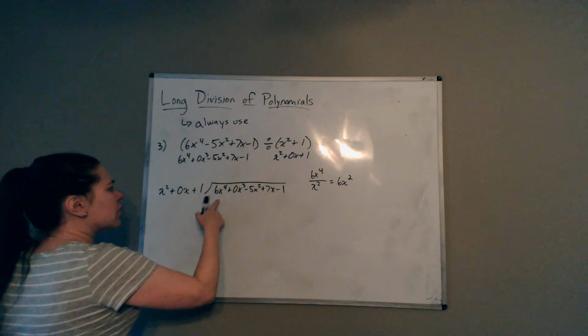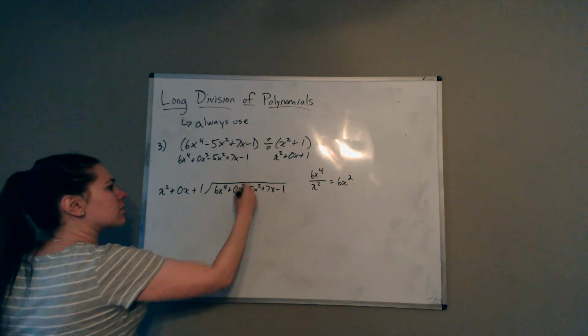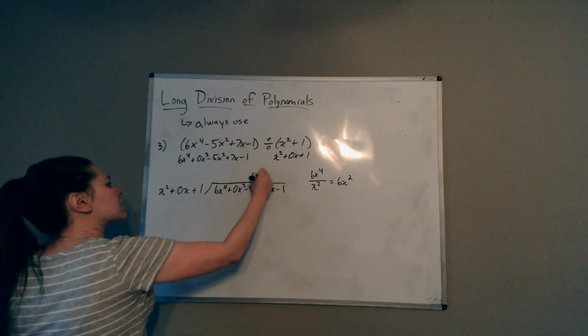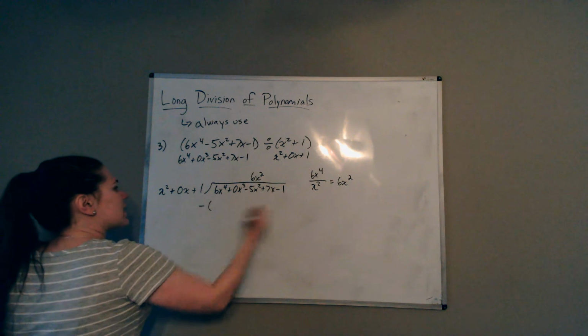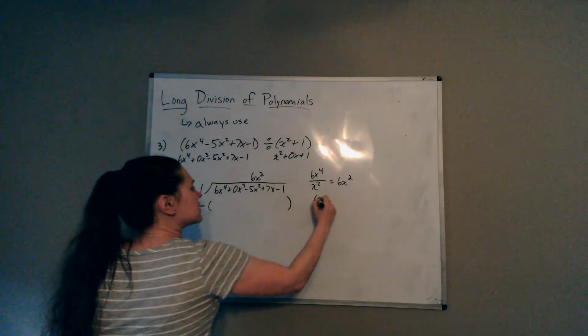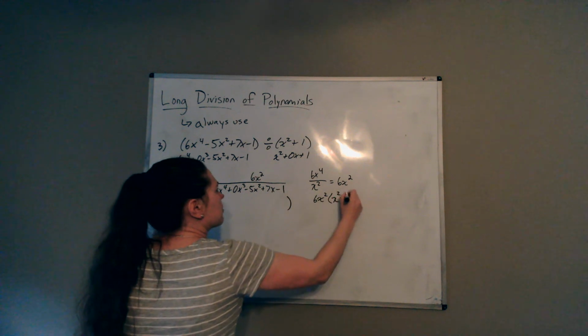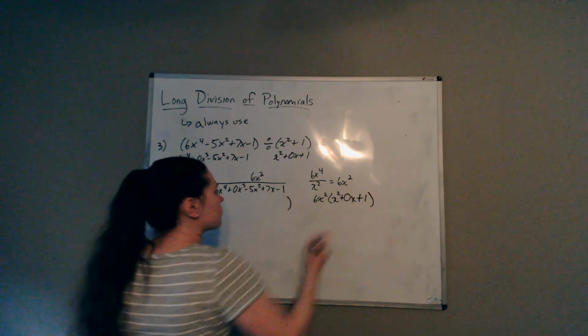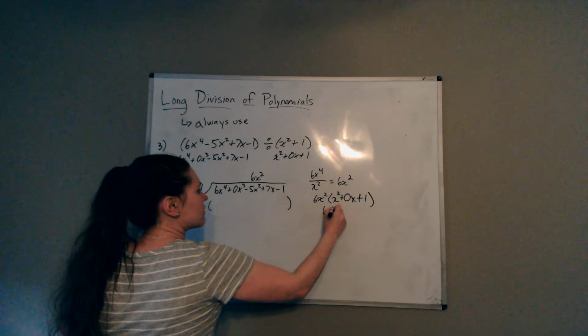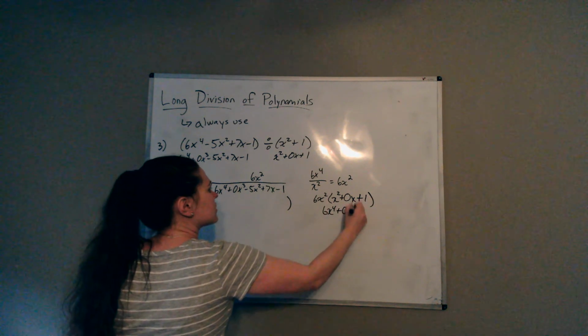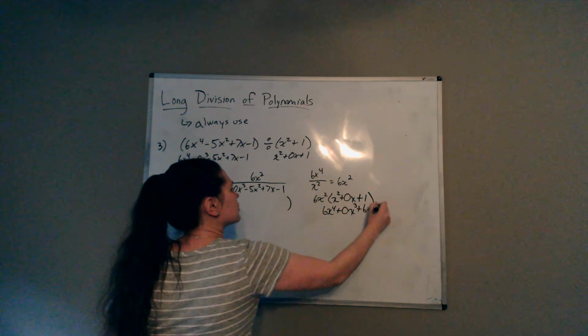It doesn't go in x to the 4th or x to the 3rd; the first power that goes in is a power of x squared. So now we have to take out what we put in. That's 6x squared times the divisor, x squared plus 0x plus 1, which gives us 6x to the 4th plus 0x to the 3rd plus 6x squared.